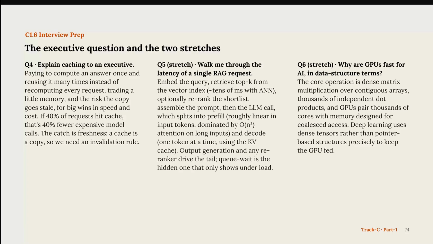The output generation and any re-ranker drive the tail. Queueing is the hidden one that only shows under load, that is, when there are more requests.